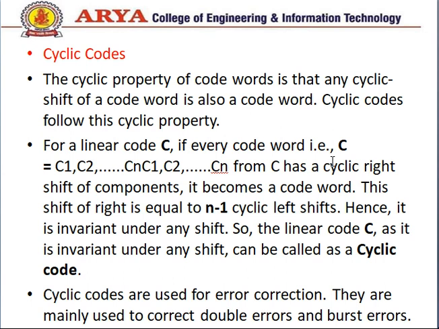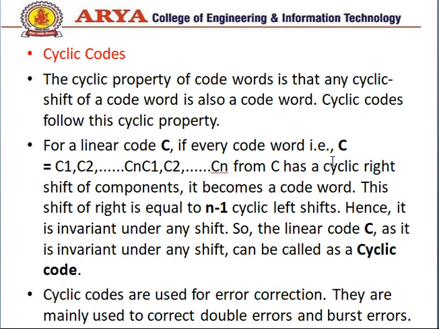So whenever we perform any right shift, a new code word is generated. This right shift is equal to n minus 1 left shifts, hence it is invariant under any shift. So the linear code C, as it is invariant under any shift, can be called a cyclic code.